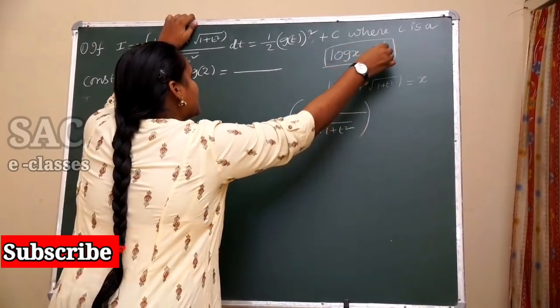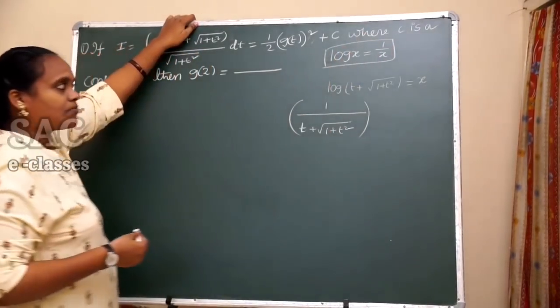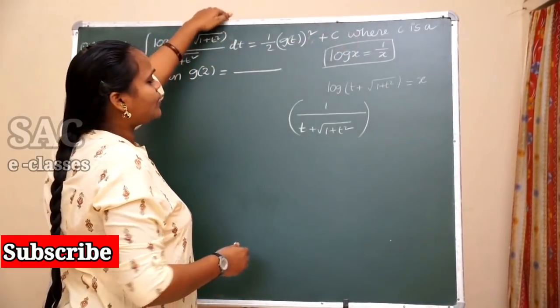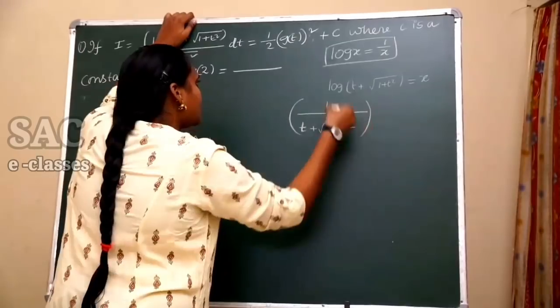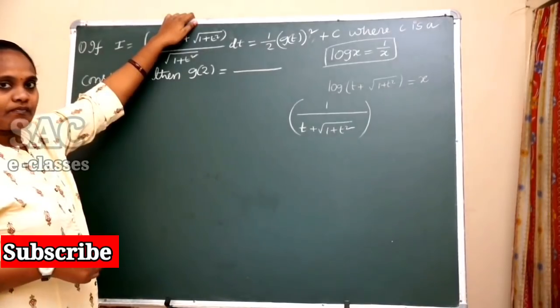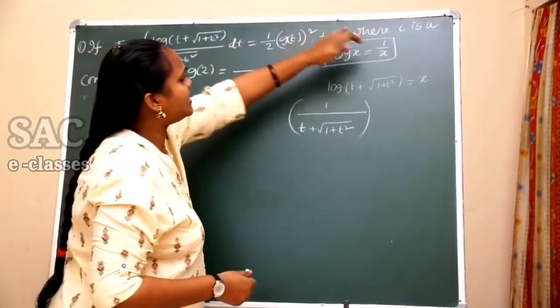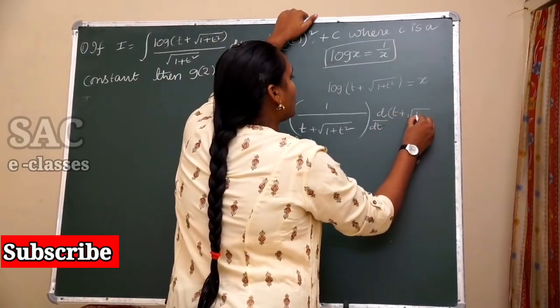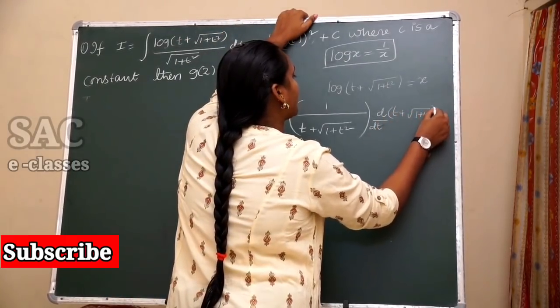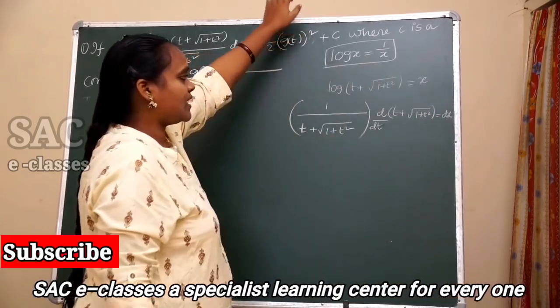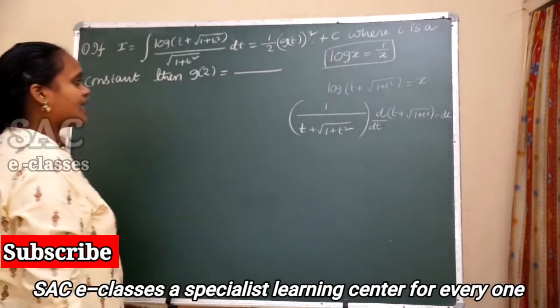If it were just log t, it would be 1 by t, but here it is not t, it is some function. So find its differentiation: d by dt of t plus root over 1 plus t square is equal to the differentiation of x, let us write it as dx.